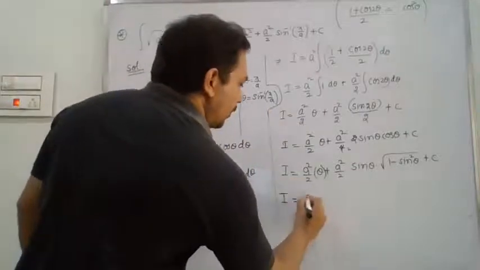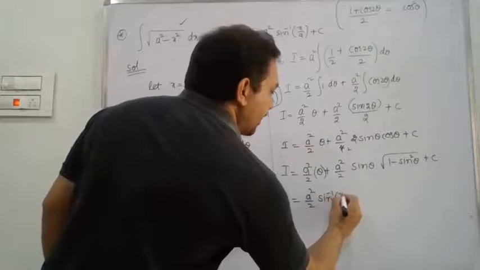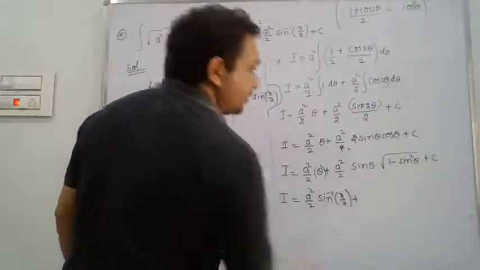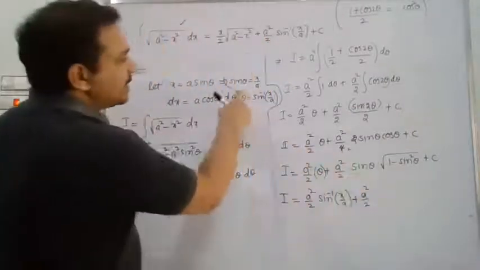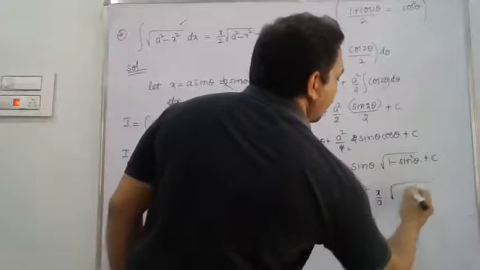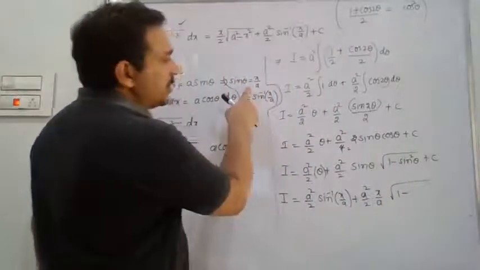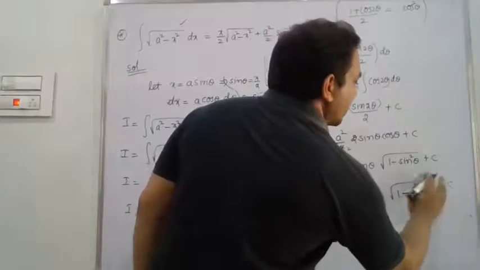I is equal to a square by 2 into sin inverse of x by a plus a square by 2 into, what is sin theta? Sin theta is x by a, into square root of 1 minus sin square theta, meaning x square by a square, plus a constant.